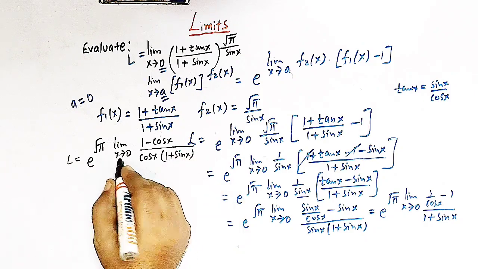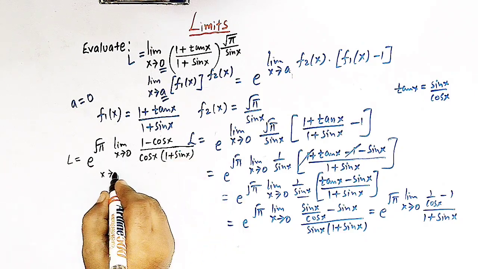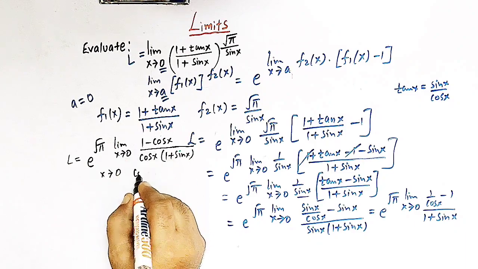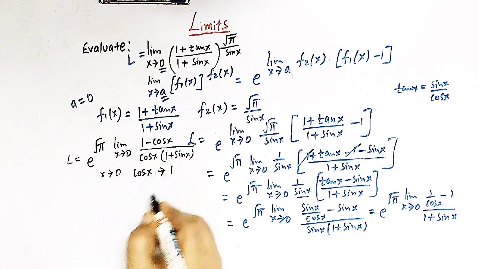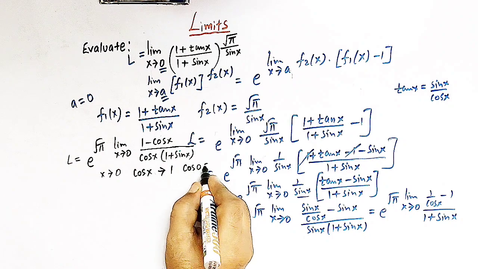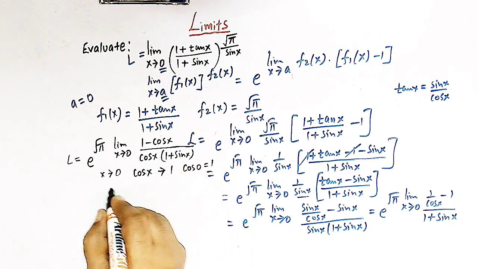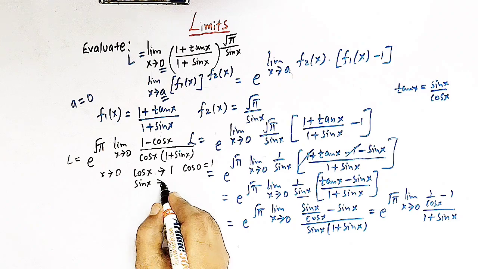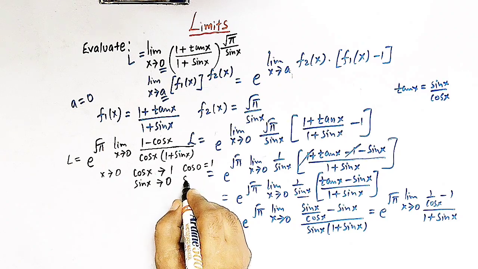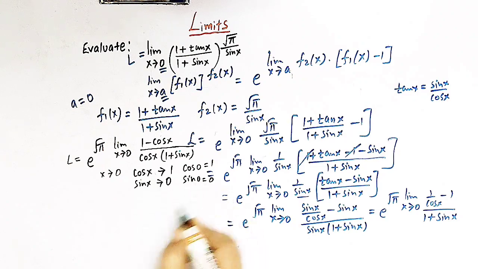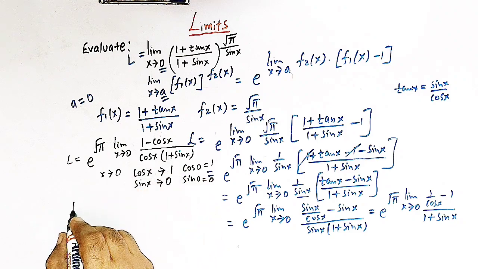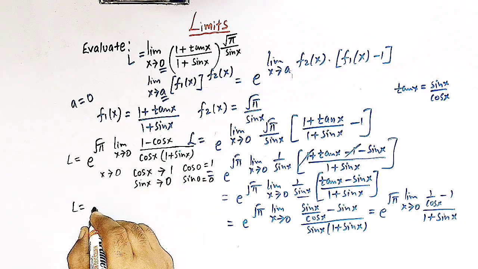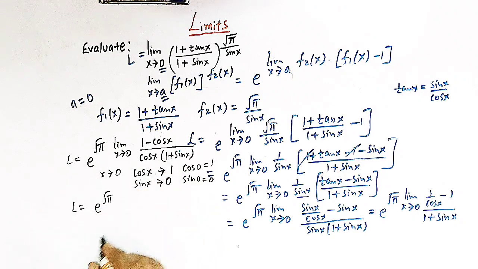Okay, now see, when x tends to 0, then cosine of x tends to 1, because cos of 0 is equal to 1, and when x tends to 0, sine of x tends to 0, because sine 0 is equal to 0.